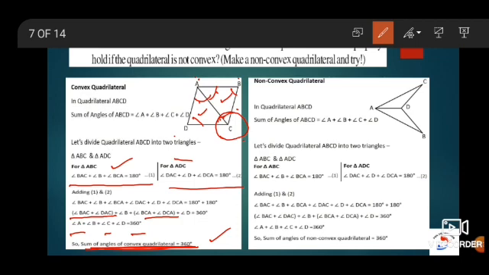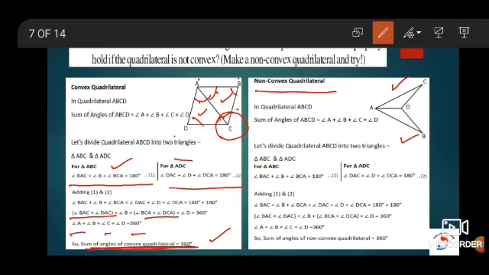Now for a non-convex quadrilateral, also the same thing will work out. Again we have a non-convex quadrilateral A, B, C, D. Again we divide it into 2 different triangles, triangle ABC and triangle ADC.